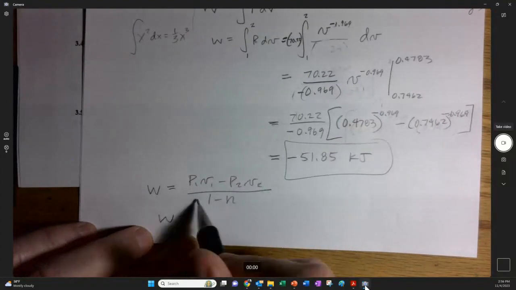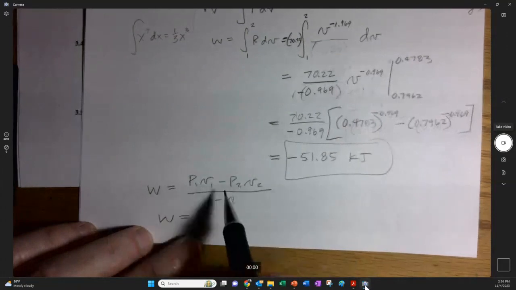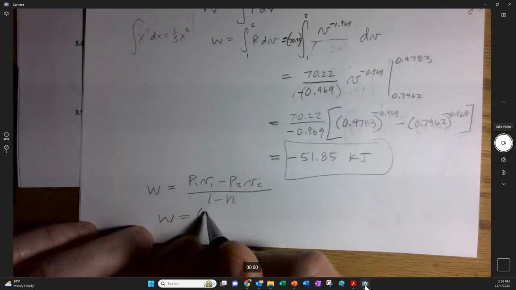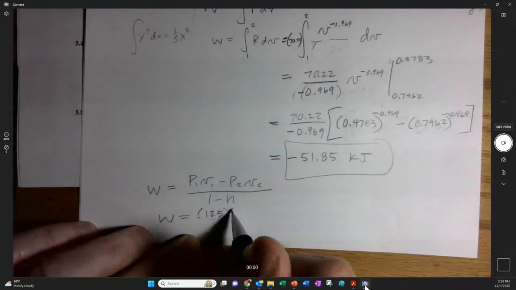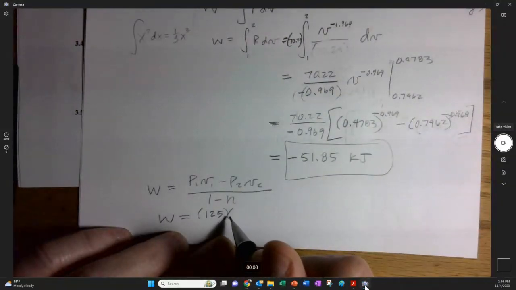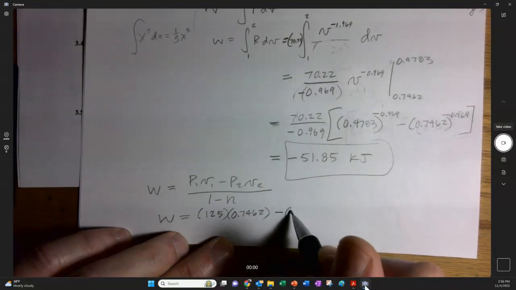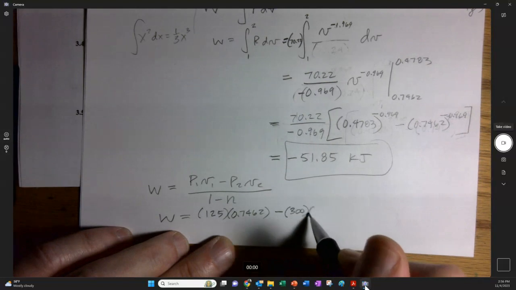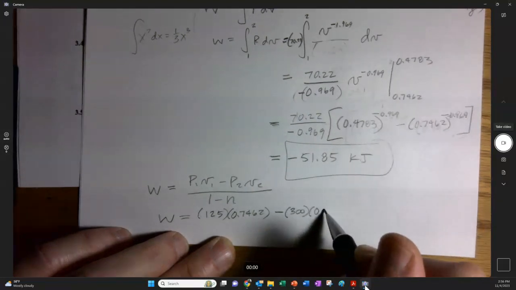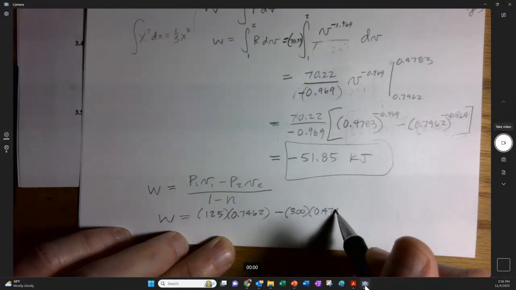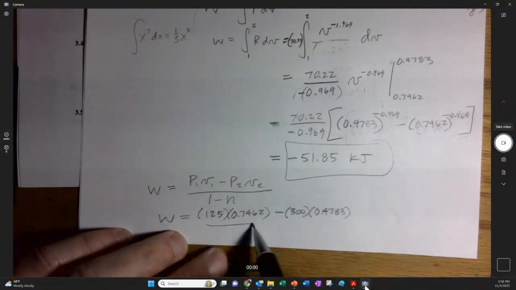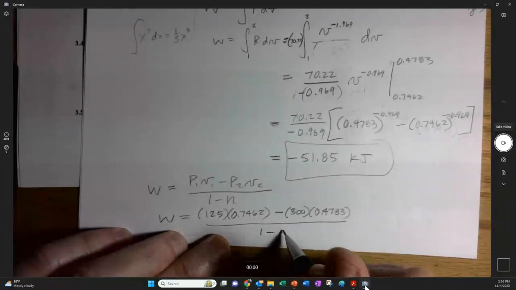But anyway, if you use this one, which is the proper way to do it, it was in the book. The other one was not in the book. So we go 125 times 0.7462 minus 300 times 0.4783 divided by 1 minus 1.969.